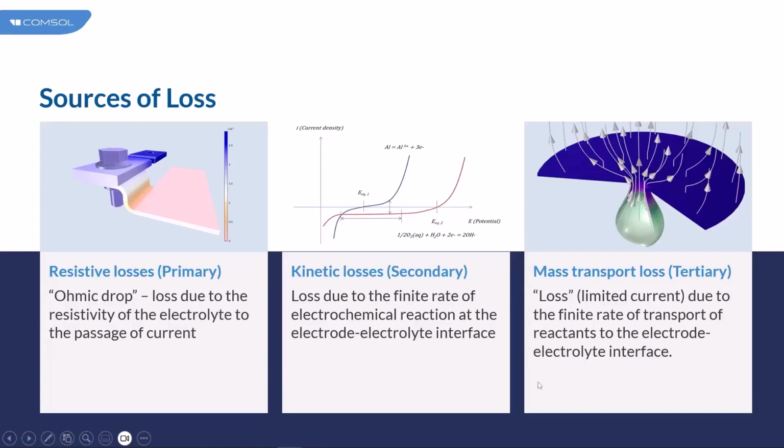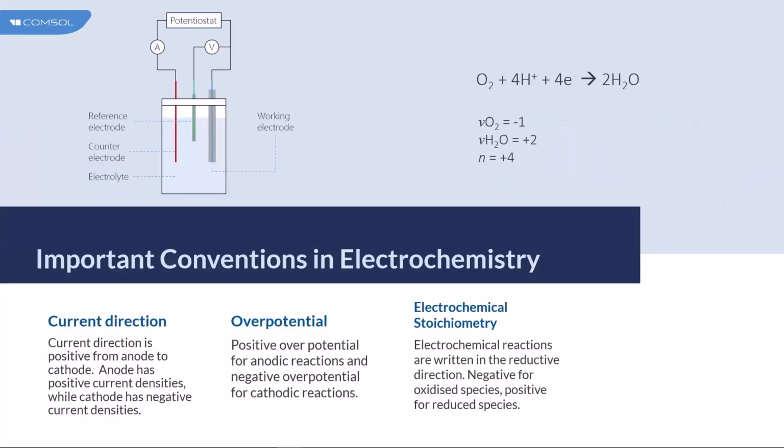When we are working with electrochemistry, there are a few important assumptions that we have to define regarding the formal directions of currents and reactions. So we need to remember that the current direction is positive from the anode to the cathode. That means that the anode has positive current densities, while the cathode has negative current densities.